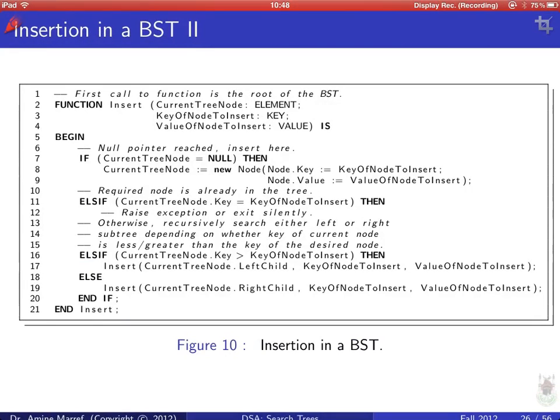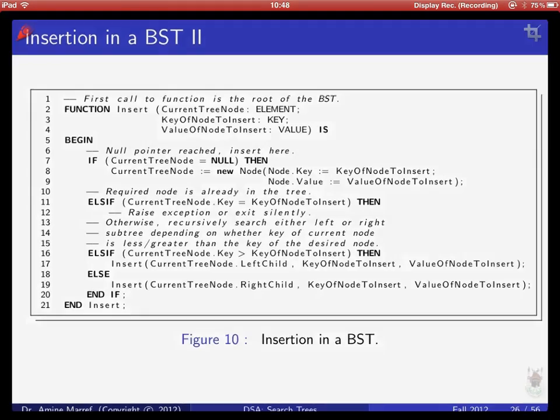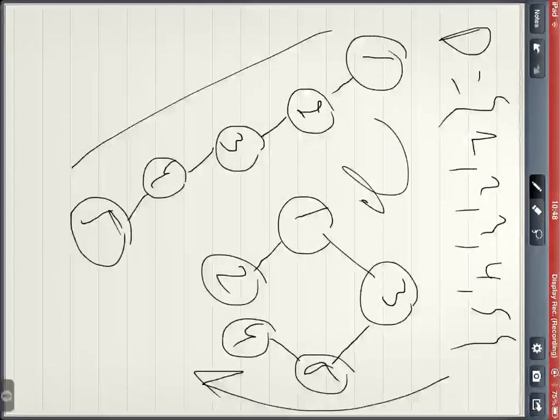Because 20 is larger than this, and 15 is larger than that. So if we put this to the right of this, it's fine. If this was the left child, if it was 14, for example, then we can still put that, because this whole tree here is to the right of 10. So we can always put the child instead of the parent, and the property of the binary search tree is still going to be maintained.